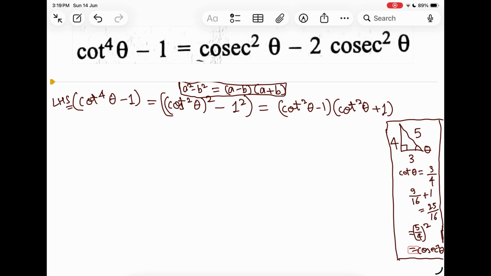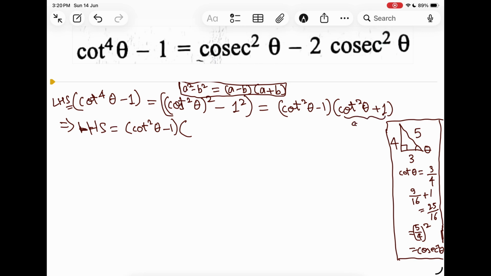All right. So moving on, we are going to apply this identity in our LHS. All right. So our LHS can be further simplified as we can write cot square theta minus 1 as it is. All right. And then we can write cot square theta plus 1 as cosec square theta.